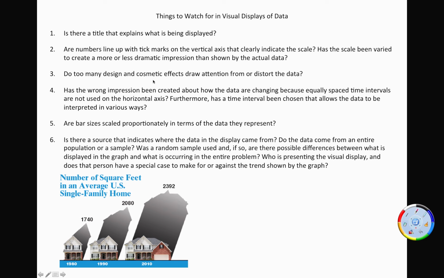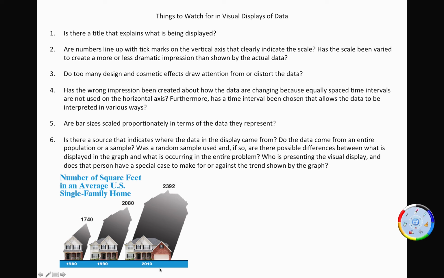Do too many design and cosmetic effects draw attention from or distort the data, like we're going to look at down here? And now that we have computers to make these graphs, people tend to overuse these three-dimensional and fancy effects, and it makes it really easy to distort the data. Has the wrong impression been created about how the data are changing because equally spaced time intervals are not used on the horizontal axis?